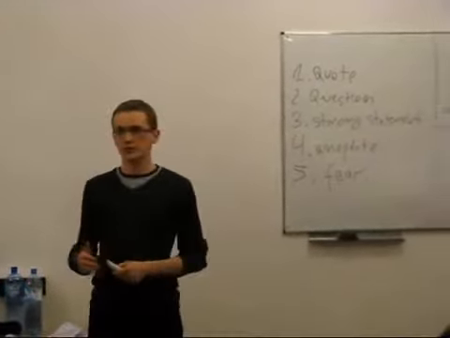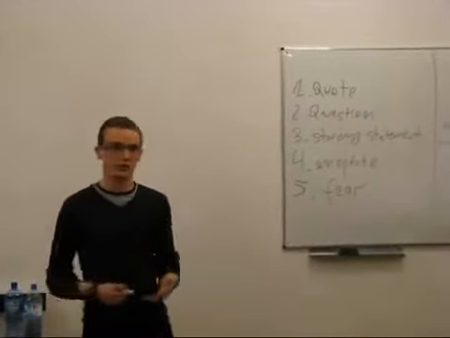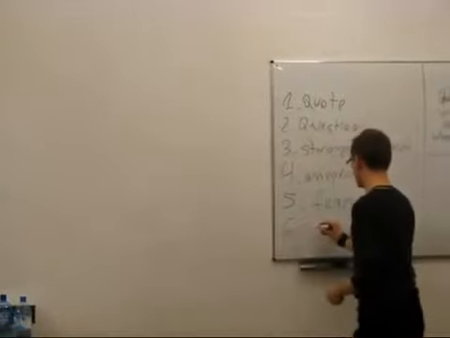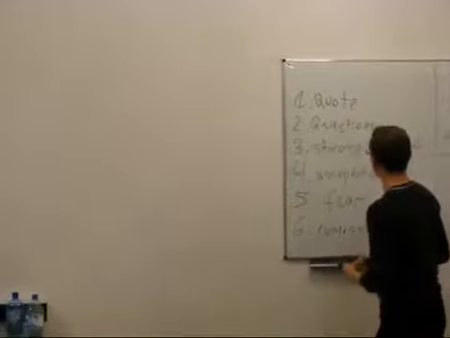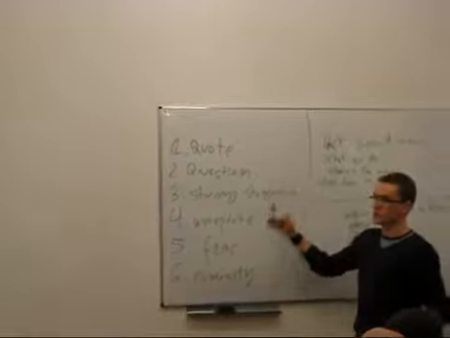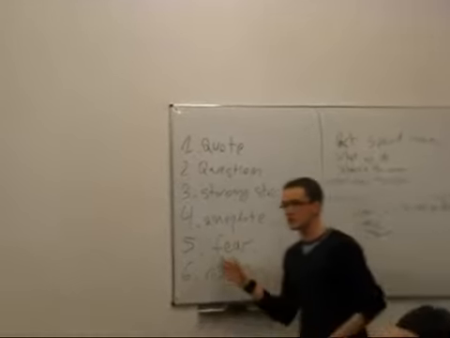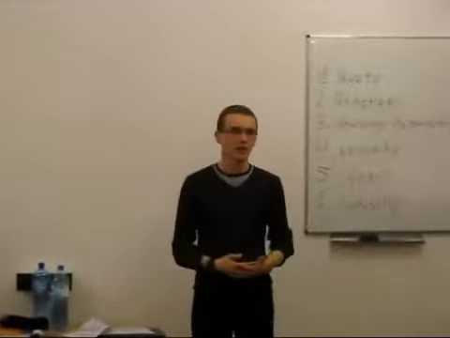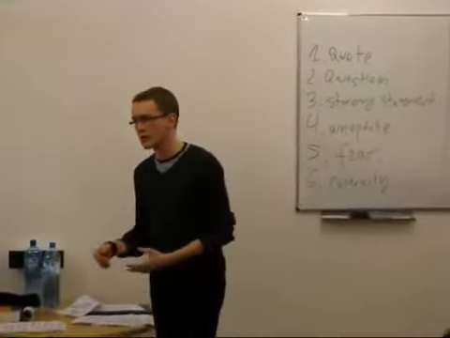And finally, the sixth way to successfully open your speech is to arouse curiosity. It's completely different from a strong statement. In a strong statement, you say directly what you're going to talk about, and in this sixth way, you try to get attention and make people curious by being indirect, like talking about something completely different.